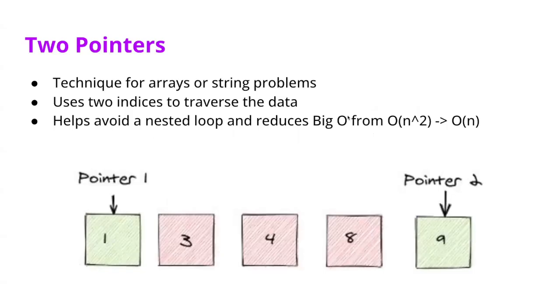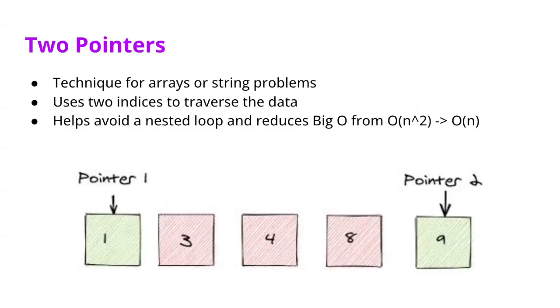So the first pattern we're going to go into is called two pointers. A pointer sounds complex, but it's pretty easy. It's just referencing that element in that position of the array. It's a common technique for array or stream problems. As you can see in this example, we have two pointers.